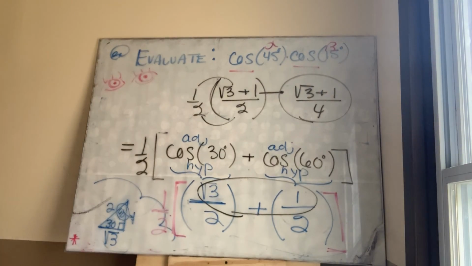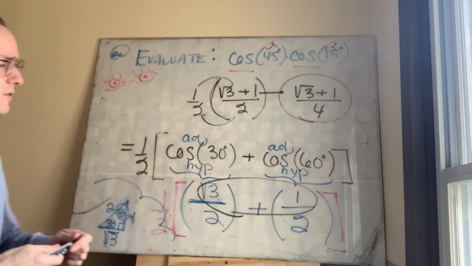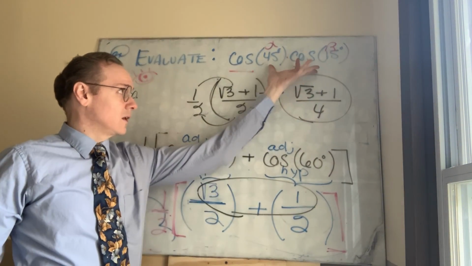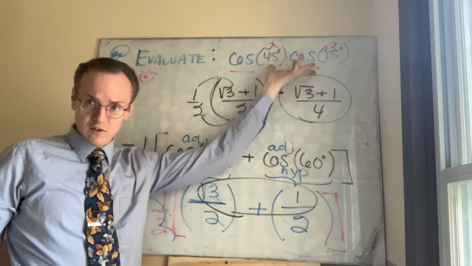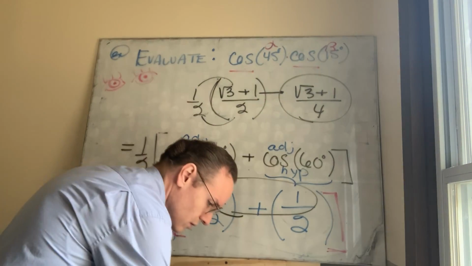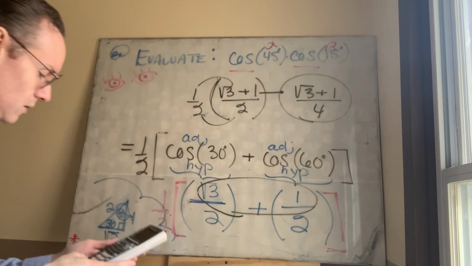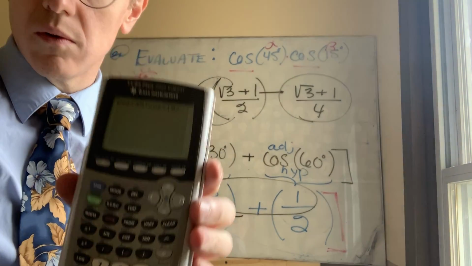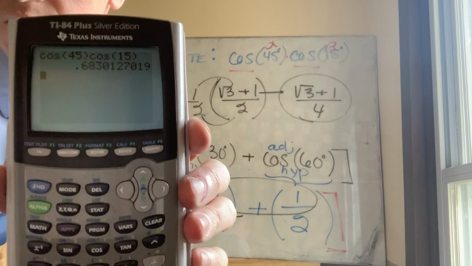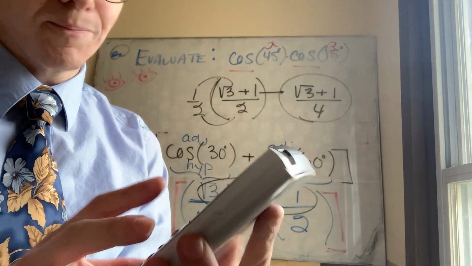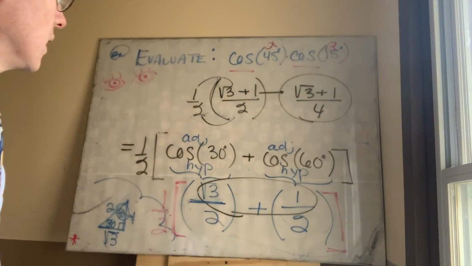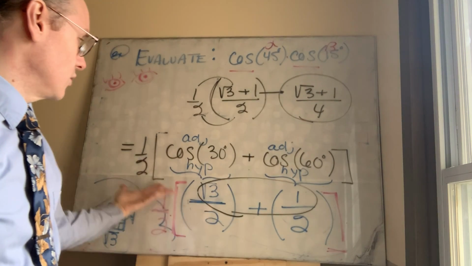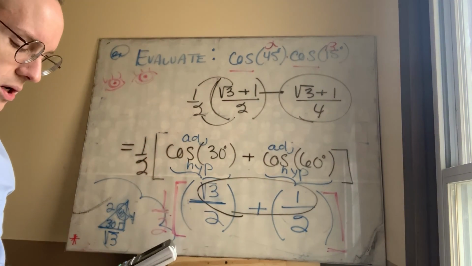Okay. And again, just to verify that this is an exact answer, let's see what this would produce as a decimal. We have the cosine of 45 times the cosine of 15. You will see that this produces the decimal of 0.683. And this is what we get if we use the sum instead of the product.